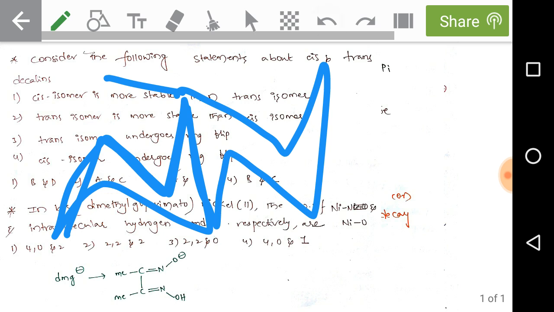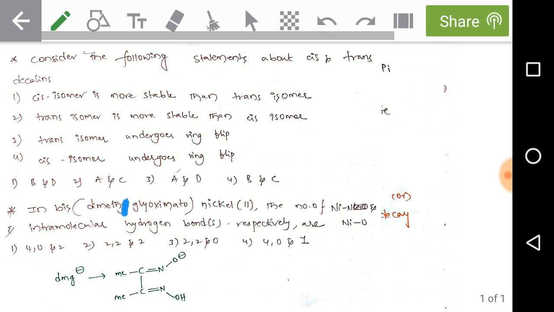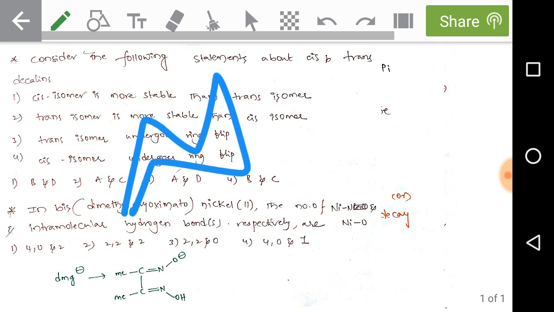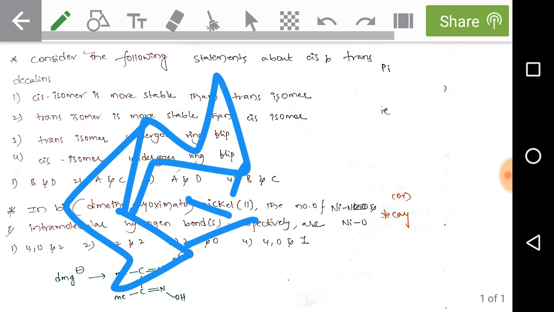Trans decalin is more stable than cis decalin because you can see that this is the structure of cis decalin, and in that cis decalin stronger steric repulsions are possible here. That's why it is less stable when we compare with trans decalin, okay, right.